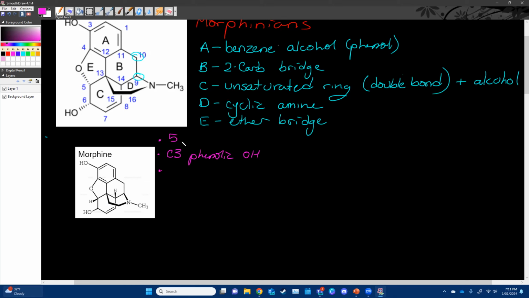We should say 5 rings, tertiary amine, C6 OH. So these main components, by the way, this is carbon 3 and this is carbon 6.